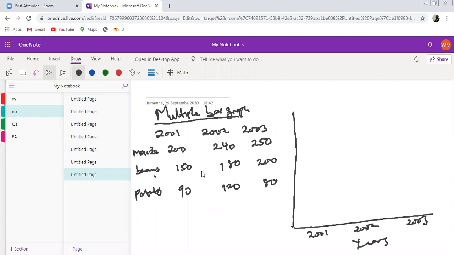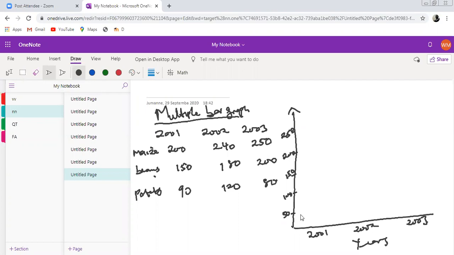Then for each year, we have 3 crops that were grown. So we can come here. The highest is actually 250. Let us use the same scale of 50, 100, and up to 250, like that.